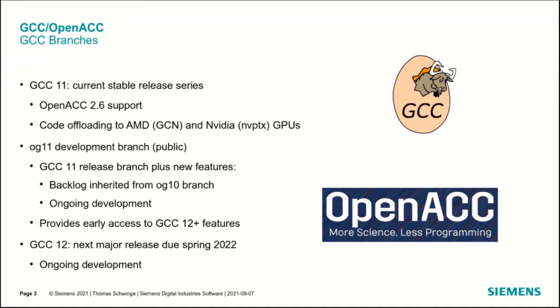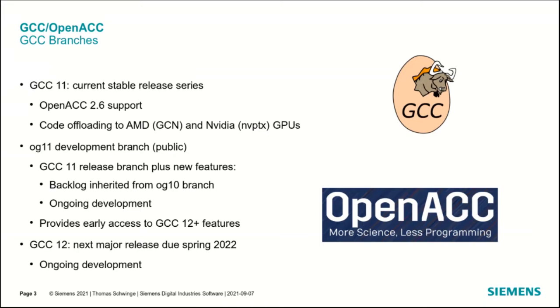Then there is an OG11 development branch that we set up. That's a public branch based on the GCC 11 release branch plus new features. These are the work that we inherited from the previous development branch, the OG10 branch, plus new ongoing development that gets installed in this branch.